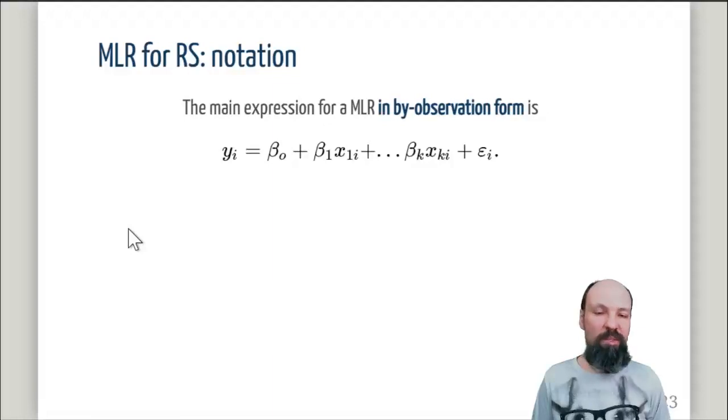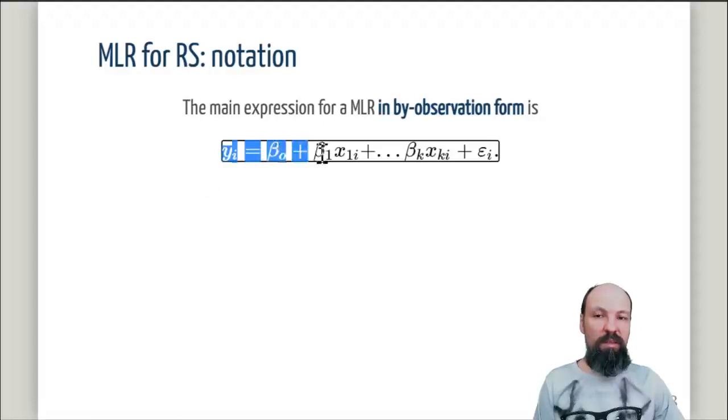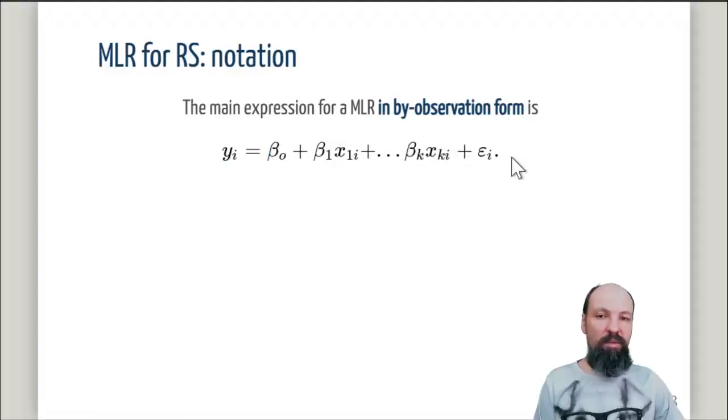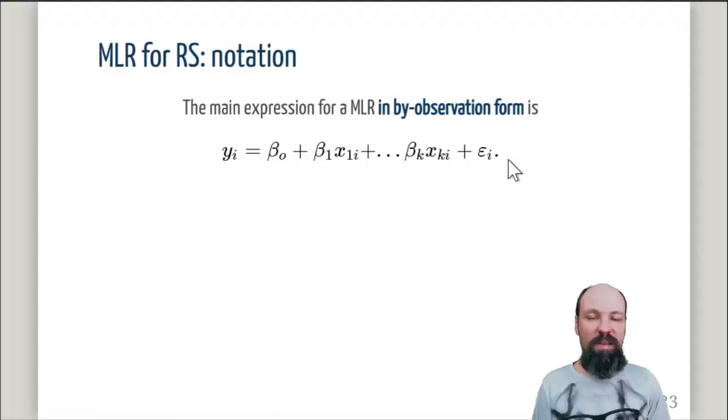There's going to be some extension already to the very basic case of random sample, but not much. So this is the very well familiar by observation form. Why by observation? Because this states the linear regression model for only one observation. Technically speaking, this is not yet a regression model because there is something missing.